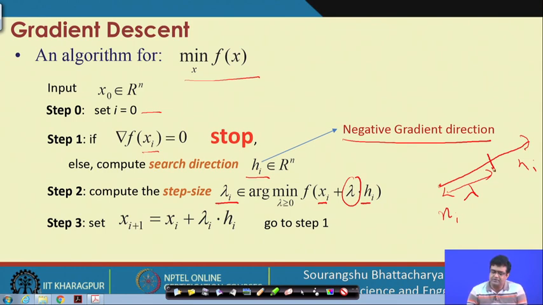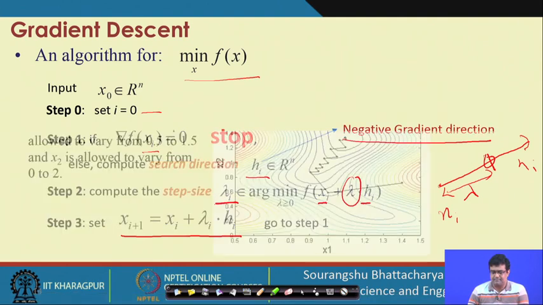You compute the objective function value f at that point and minimize this over all lambda; whichever lambda minimizes this is the new lambda i. Then you set x i plus 1 equal to x i plus lambda i times h i. So, you move to this new point and set i equal to i plus 1, and proceed in this manner to the next step.